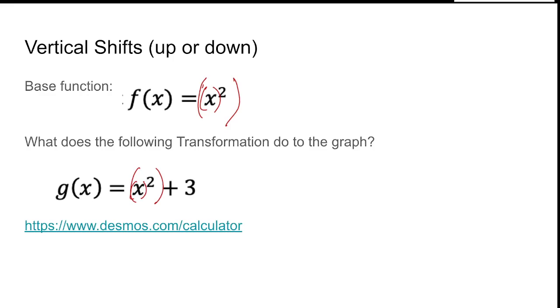Okay, so let's take a look at what this looks like. Our intuition tells us, well, if we take every y value and we add 3 to it, so this is really taking our function f of x and adding 3 to it, that it will move everything up by 3 units, right? And we'll go ahead and do both of these to verify that that is how it works. So x squared and x squared plus 3.